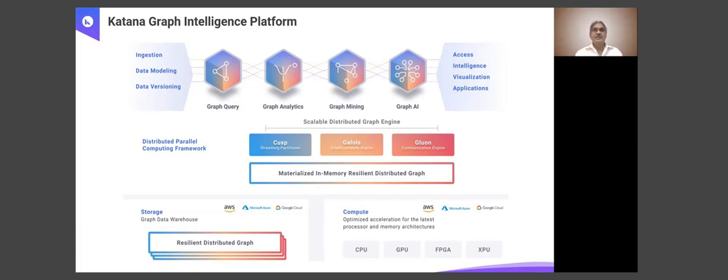And the communication and synchronization that's required in order to keep all of the different machines working together is performed by the Gluon communication engine. This again is a communication runtime that has been designed by us and optimized for the needs of graph computing. So this is essentially the heart of our scalable distributed graph engine. This is our platform. And as I told you, we have shown that it scales up to 256 machines, and it will probably scale to even larger numbers of machines as needed.